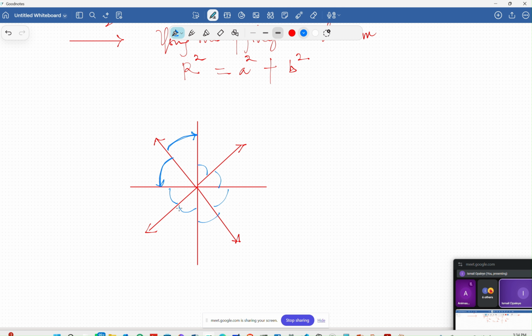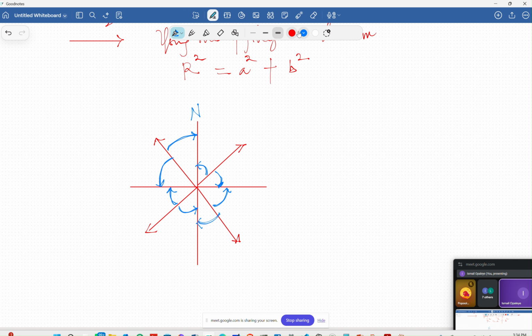This is closing up towards this side. This is closing back towards this side. This is closing up towards this. And then this is closing down towards this. Are we together?